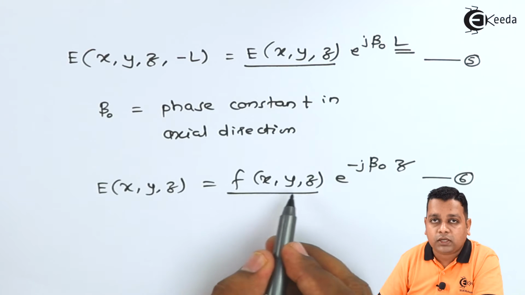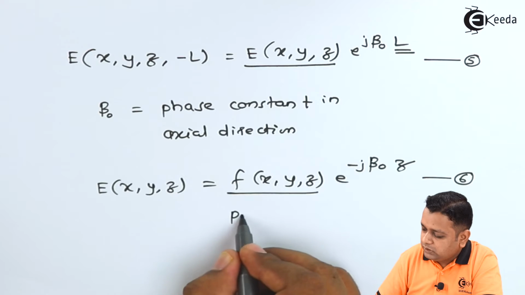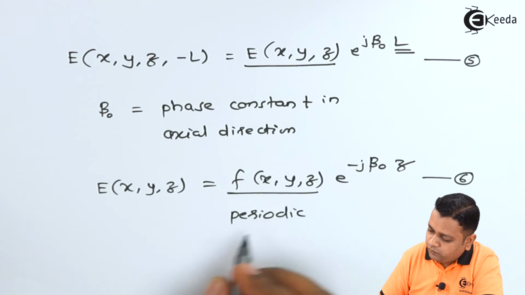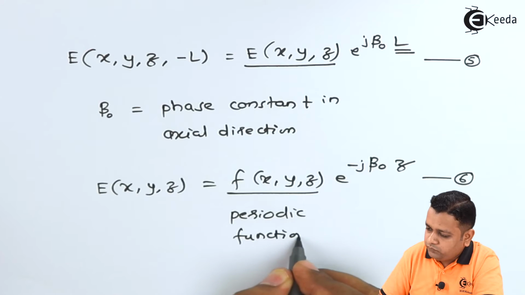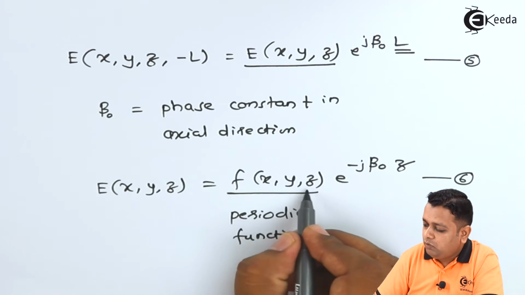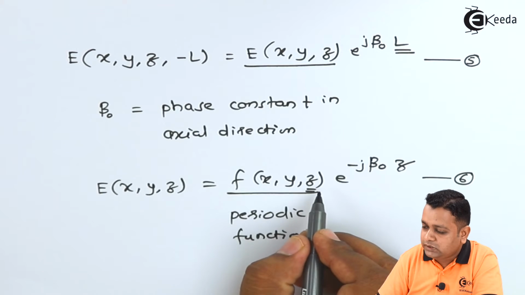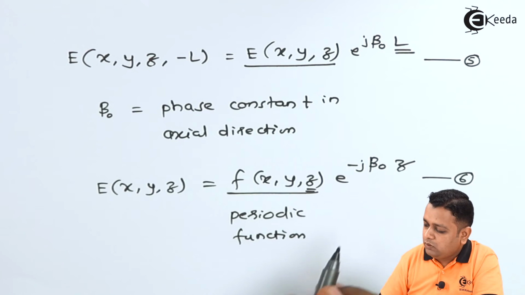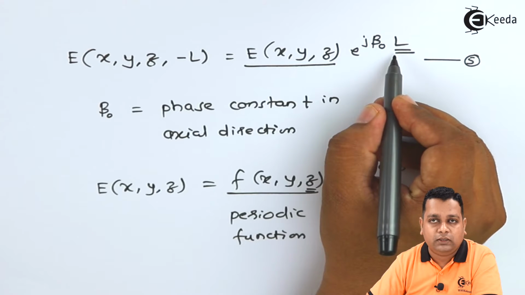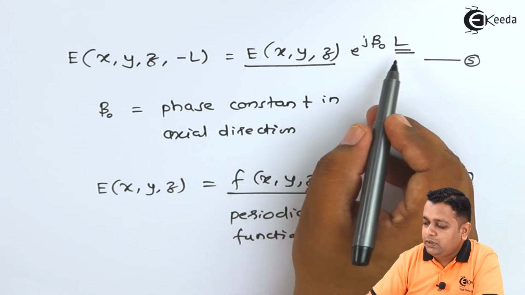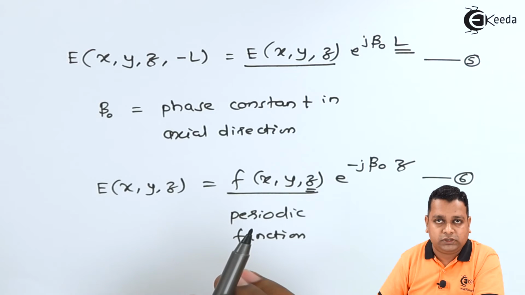F as a function of x, y, z is a periodic function for the propagation towards the z direction with the period we represented earlier by capital L. Now the capital L is the period of the slow wave structure. With the help of Fourier series and using the fundamental period represented for the slow wave structure by capital L, we can have the representation of the field distribution function capital E.